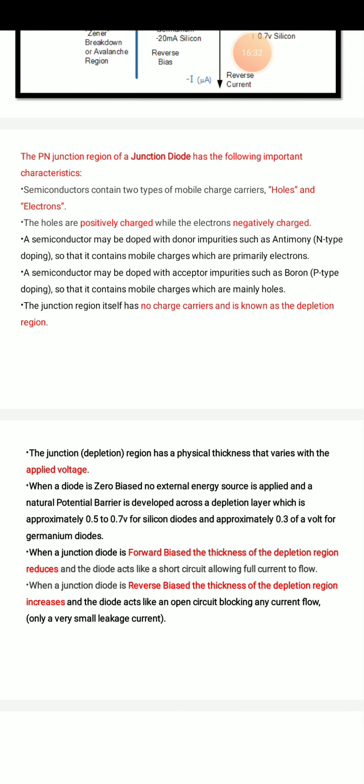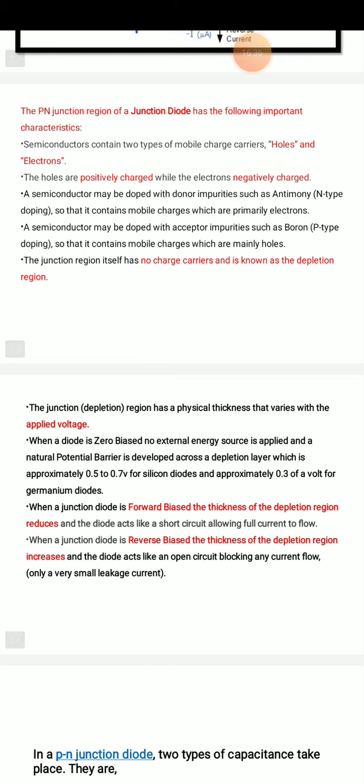The semiconductor may be doped with donor impurities such as antimony in the N-type, which contains mobile charges that are primarily electrons. The semiconductor may also be doped with acceptor impurities such as boron in the P-type.